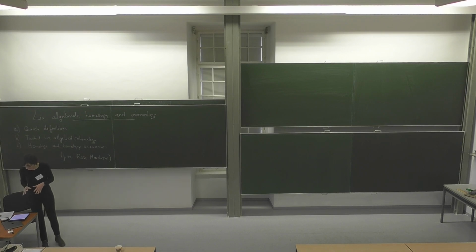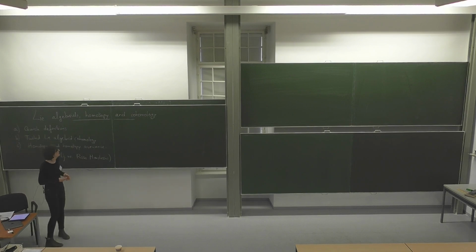Today serves as a preparation. We'll talk about Lie algebroids, so I give definitions because I've heard that they're not known very well by everyone. And then we'll talk about Lie algebroid cohomology, because that's needed for my obstructions later.